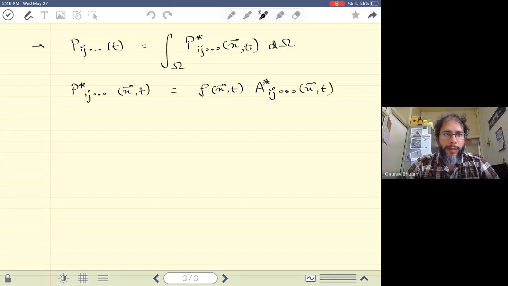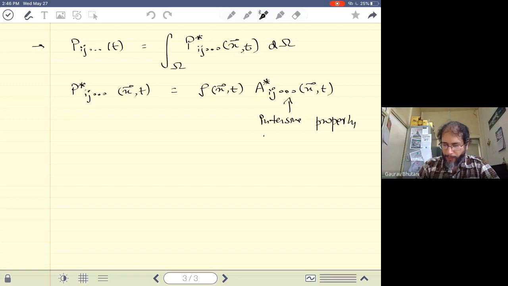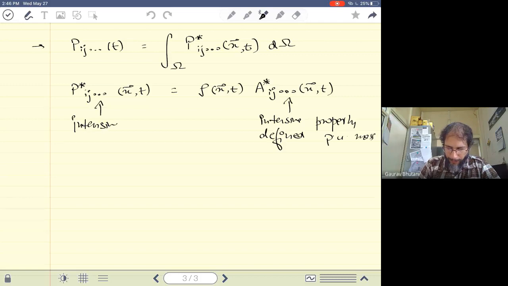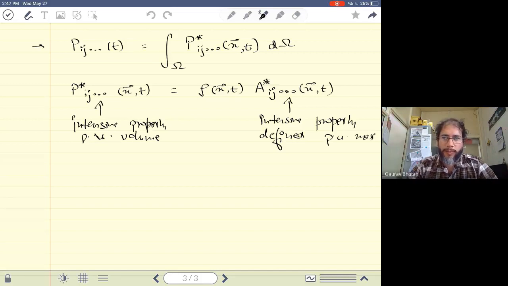If you divide P star by density, you get the property per unit mass. So A star is the corresponding intensive property. Sometimes we tend to work with A star rather than P star.